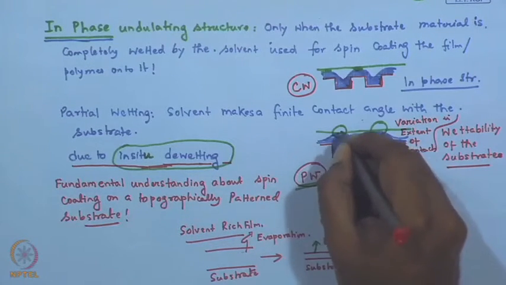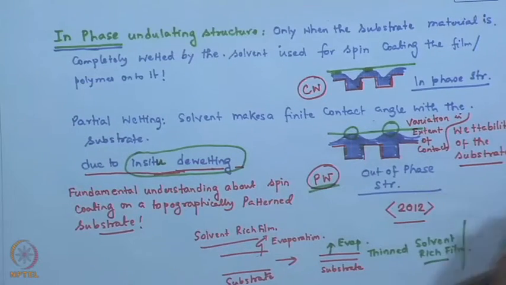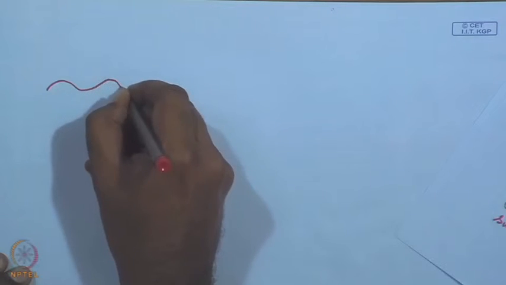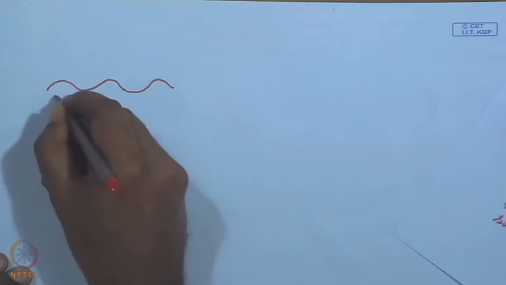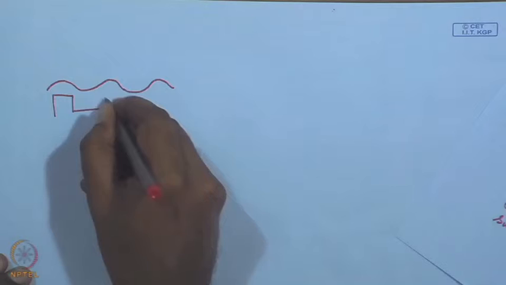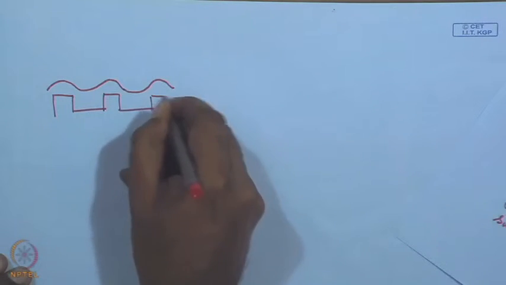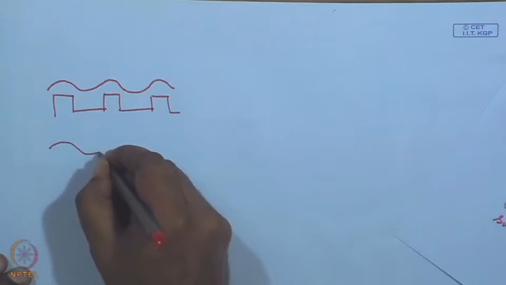And now, if you allow CFL to take place, let me just draw it neatly. So, you have an undulating surface like this, let us say.